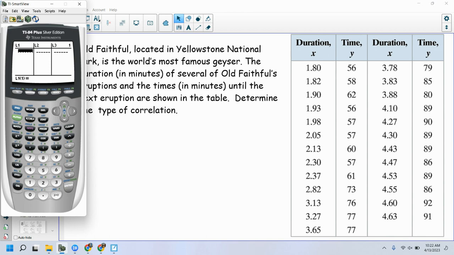I'm going to put the duration into list one, and I'm pretty quick with the number pad here, so that's what I'm going to do. 1.8. Oops, I screwed up. 2.37. 2.